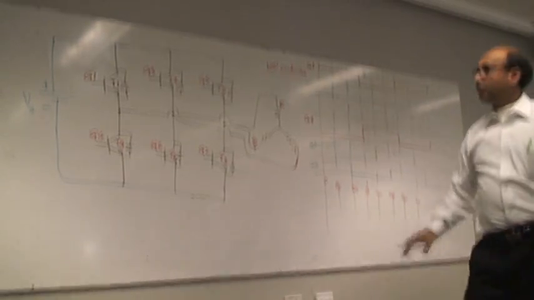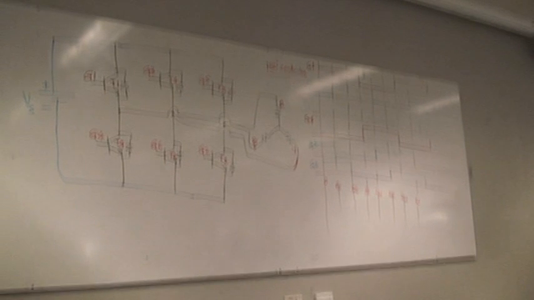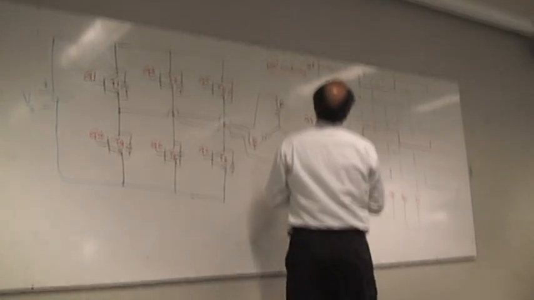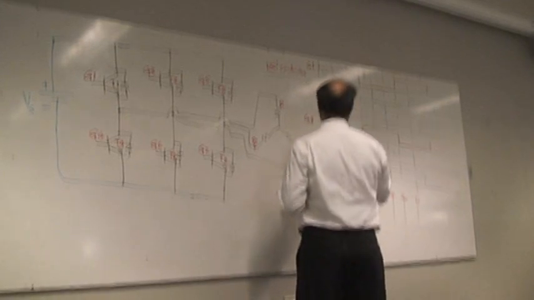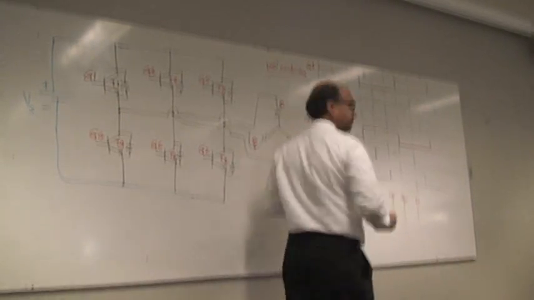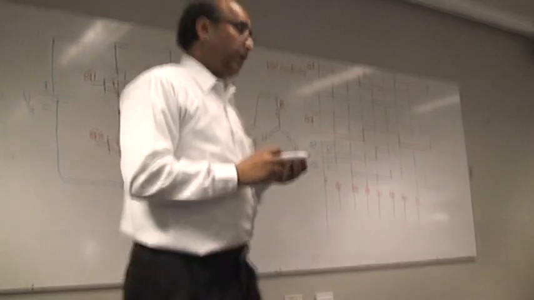So at any instant, what is happening for your circuit here? At any instant, how many devices will be on? 2 or 3? 3. Between 0 to 60 degrees, G1, G5, G6, isn't it?